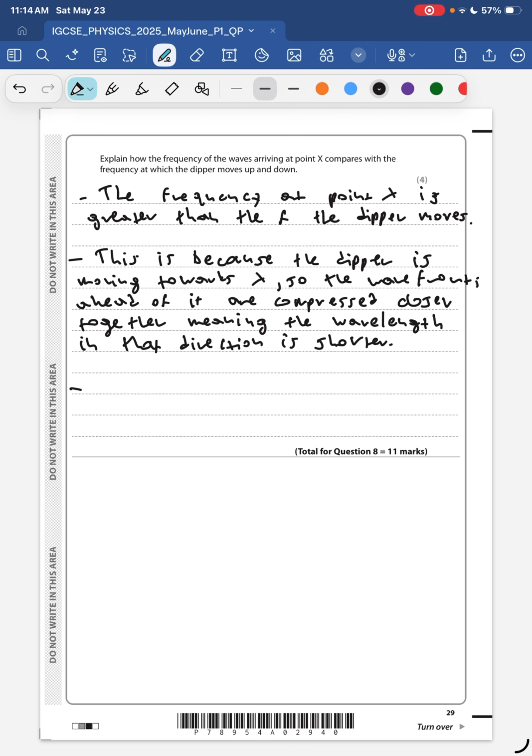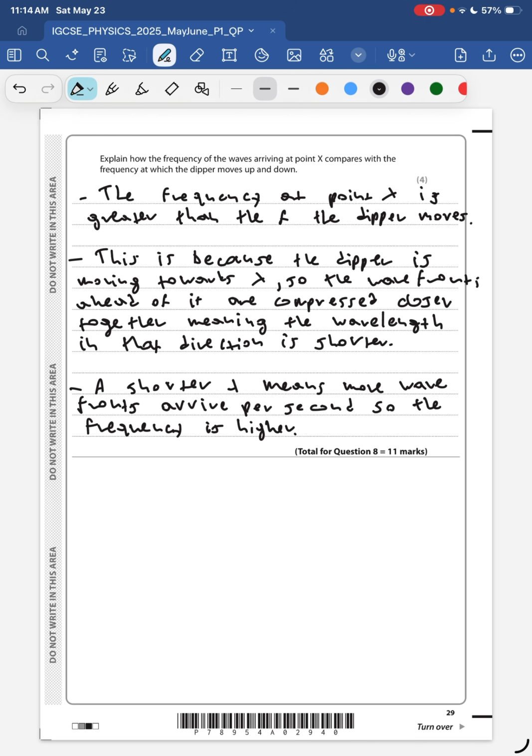Let's move on. A shorter lambda means more wavefronts arrive per second, so the frequency is higher.